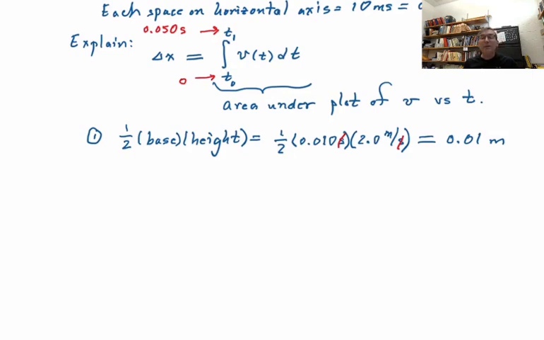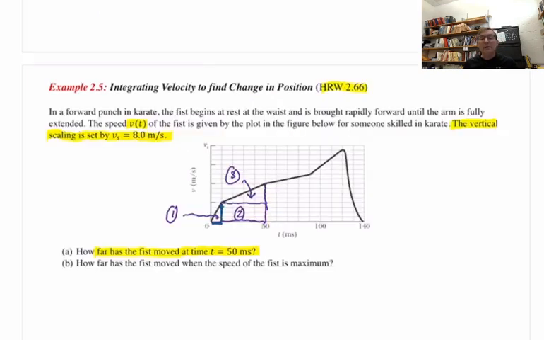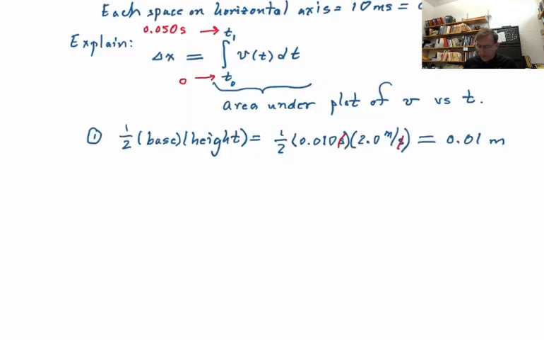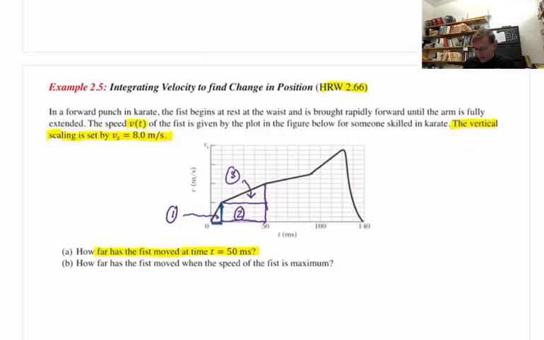All right, the next shape, let's go back to the graph, is rectangle labeled 2. And the area of a rectangle is just base times height. So let's just go straight to those numbers. You got to get the base now for this rectangle right here. Look carefully, it goes from 10 milliseconds to 50 milliseconds, so the actual width is 40 milliseconds.